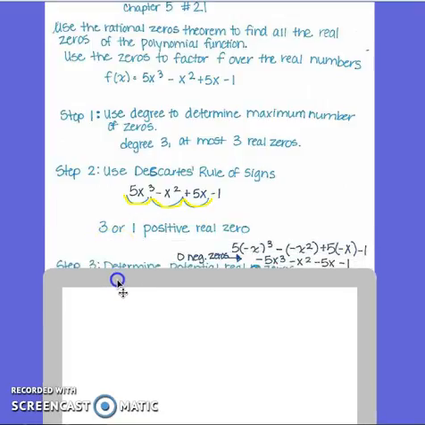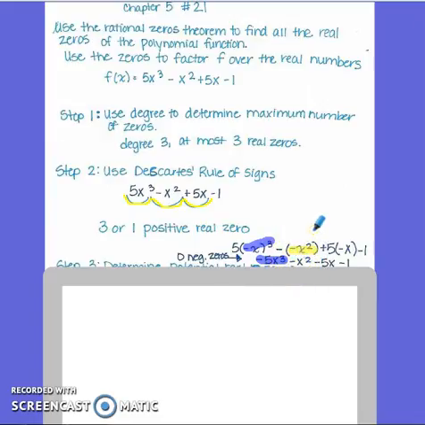In order to determine the negative real zeros, okay, you are going to plug in a negative x for each of your x's. So when we plug in a negative x cubed, we are going to end up with a negative x cubed. Negative x times 5 is going to be a negative 5x cubed. We are going to plug in a negative x and have negative x squared.